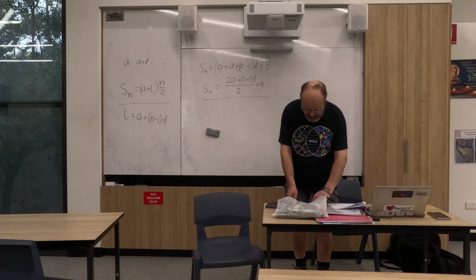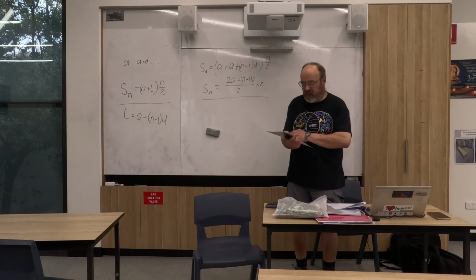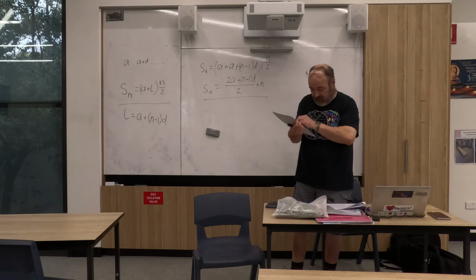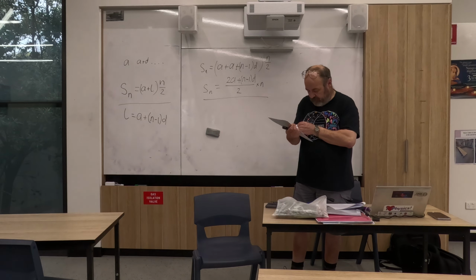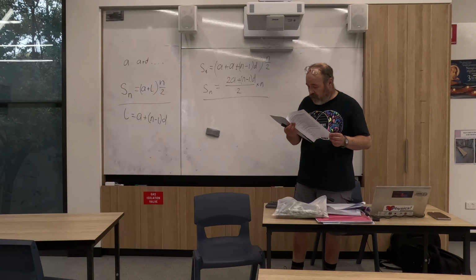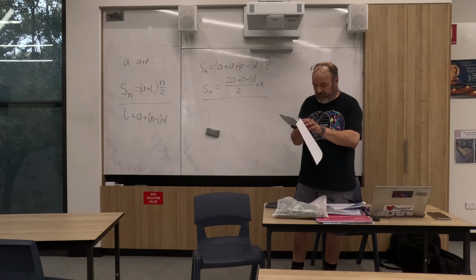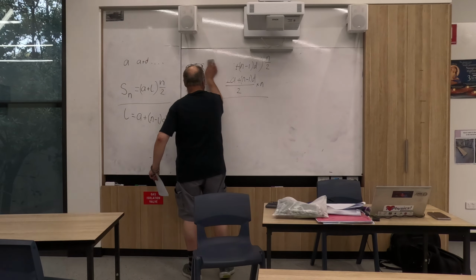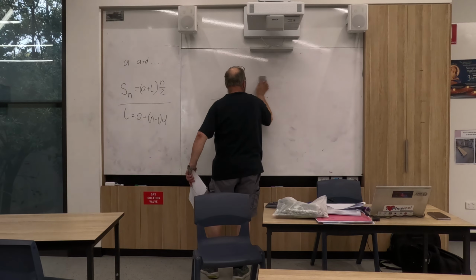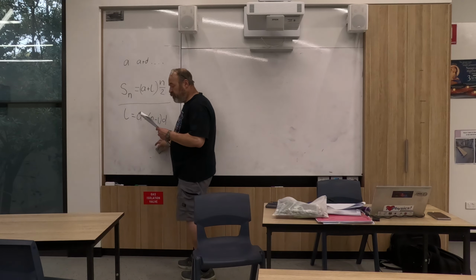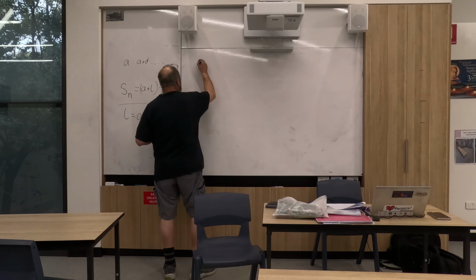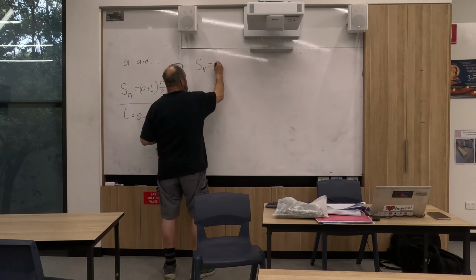From 3C, let's consider example 4 from the booklet. We have that the sum of the first 4 terms, S4, equals 58.